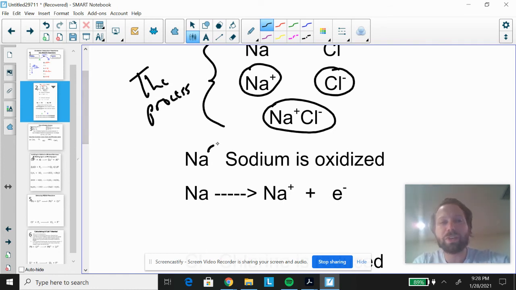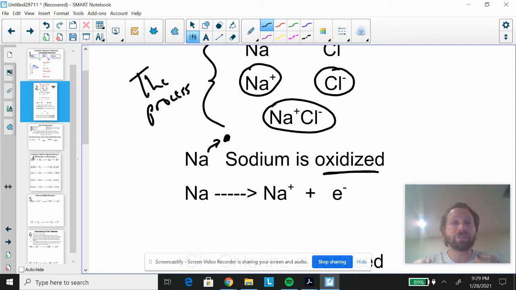So when sodium is losing an electron, it's being oxidized. And the way that we write this as a formula is saying that sodium, Na, is now losing an electron. It's going to become positive. And the way we write that is not subtracting an electron, but in fact, adding an electron to the right-hand side. We can't subtract anything in chemical formulas.